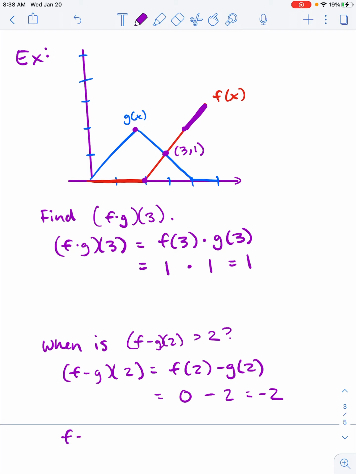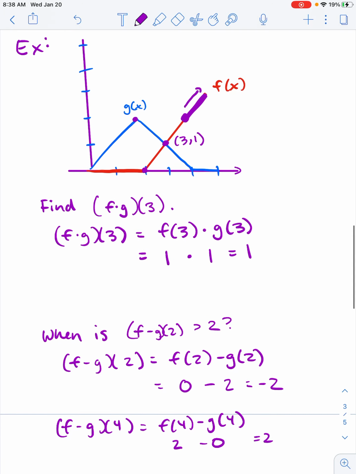If I did f minus g of 4, because that's where that purple section starts, I would get f of 4 minus g of 4. F of 4 is 2. G of 4 is 0. So I'm going to get 2. Great. And then if I kept moving up here, my difference would just get larger and larger.